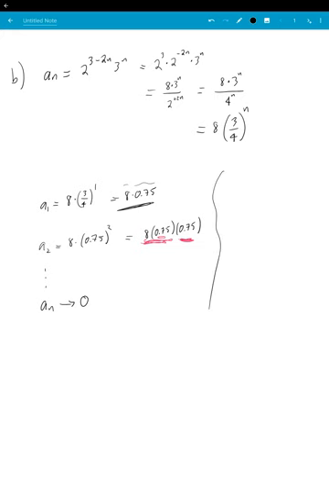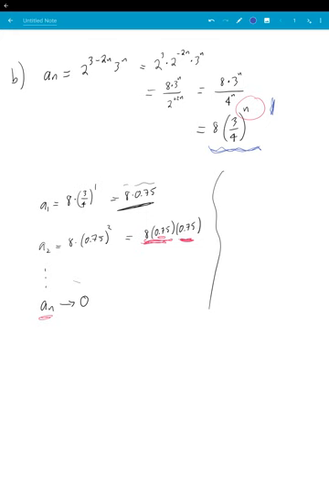More precisely, what I'm saying is that you can make a_n as small as you want just by choosing this n up here to be large enough. If I want this expression to be 10^(-13), something tiny, it's going to be possible to find an n that will do that for me.